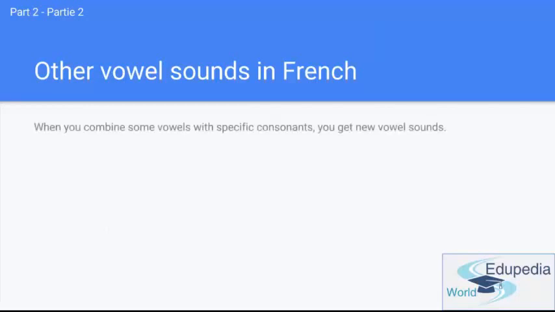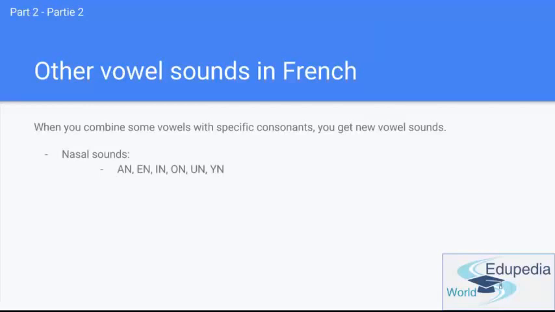When you combine some vowels with specific consonant, you get new vowel sounds. Some of them are called nasal sounds. We have en, un, on, and un. Here I know you see a lot of different spellings, but there are actually only 4 nasal sounds.